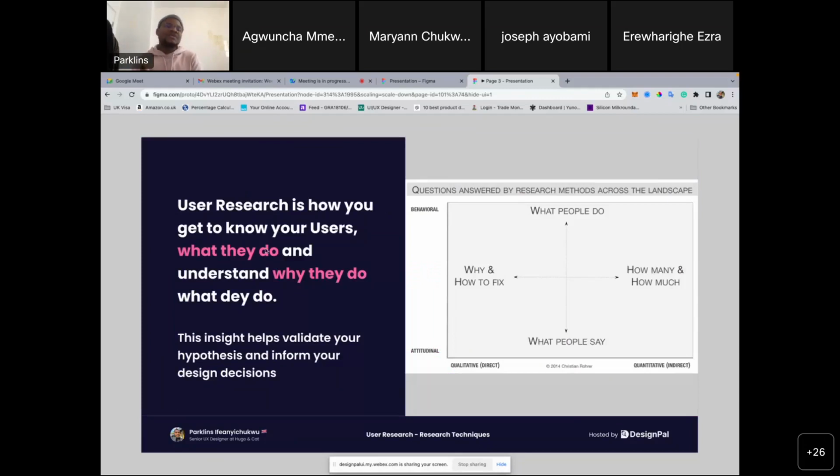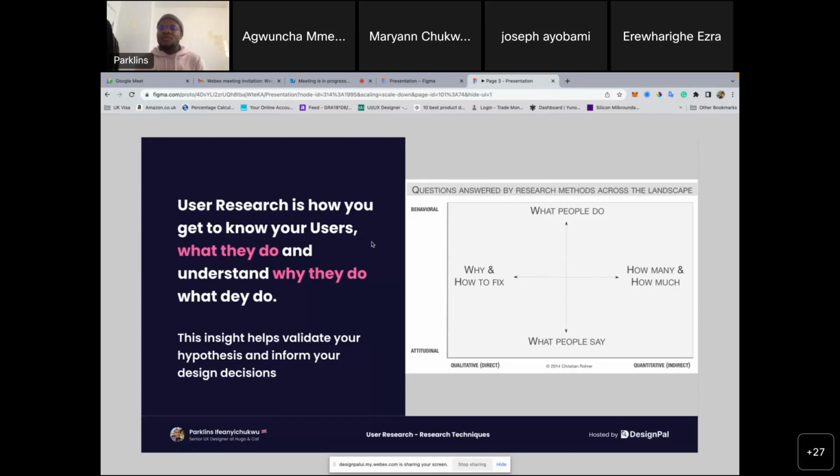which is: user research is how you get to know your users, what they do, and understand why they do what they do, right? And this insight helps us to validate whatever hypothesis we might have and informs our design decisions for whatever it is we want to decide.